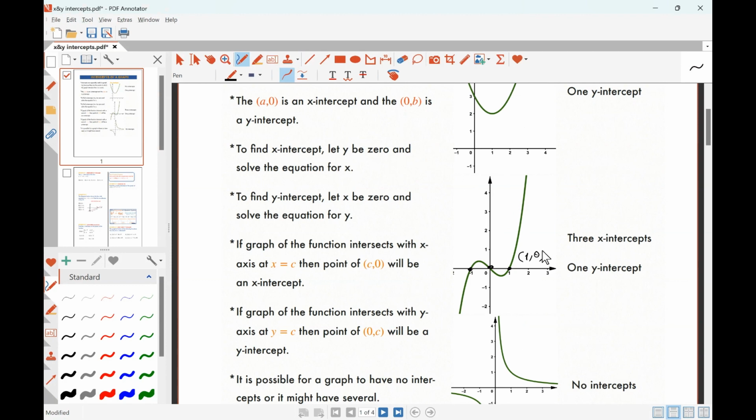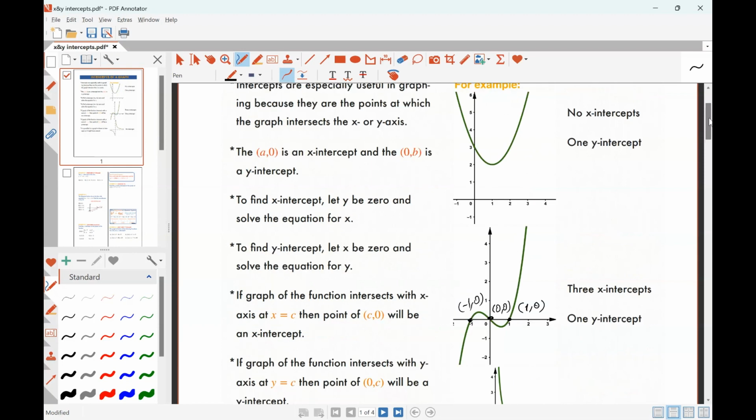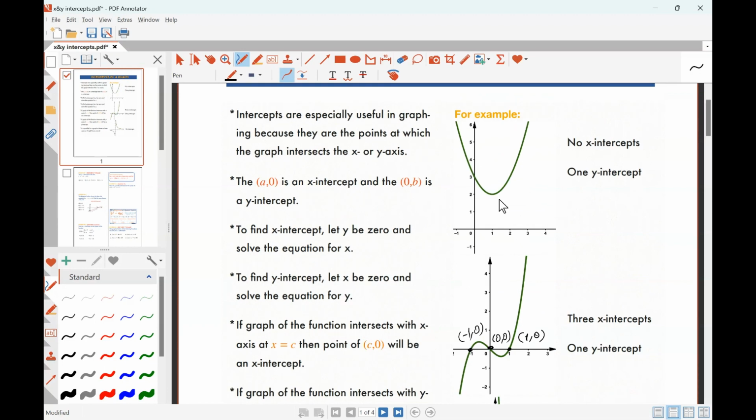So when writing an x-intercept as a point, you let y be 0. Here also, the x part is -1 and the y part is 0. The y part is always 0 for the x-intercept.